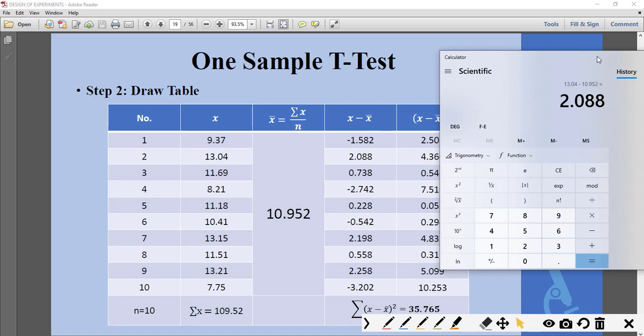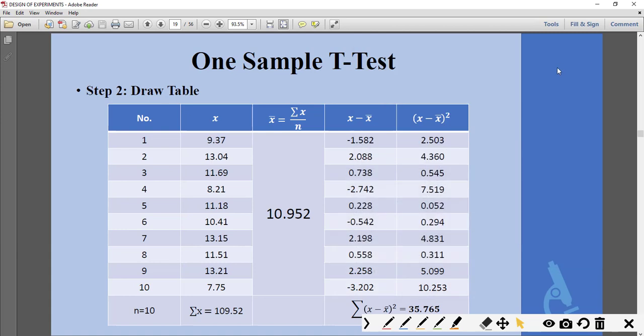So we get 2.088. Next what? For the third reading, 11.69 minus 10.952. We get 0.738. Similarly for fourth reading, 8.21 minus 10.952 and we get minus 2.742. So we have gotten all the readings like this.